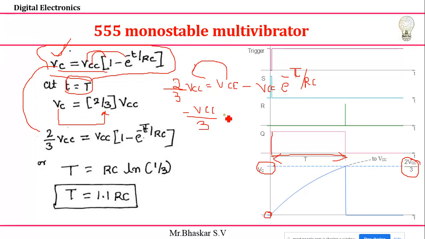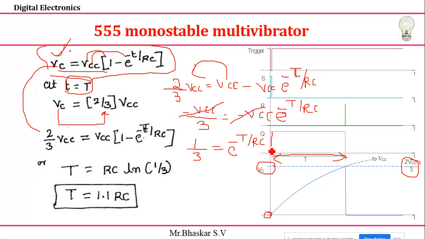So this is the left hand side, and the right hand side is minus Vcc and e to the power of minus T divided by RC. Now you just cancel the minus Vcc on both sides. The remaining thing you'll get is 1/3 is equal to e to the power of minus T divided by RC.